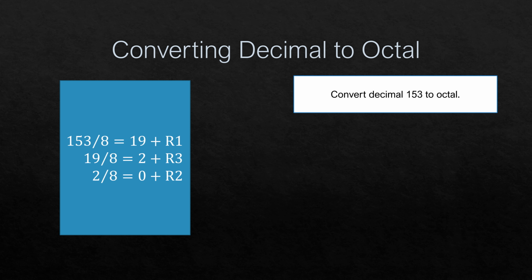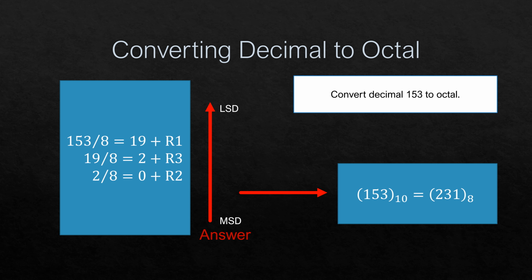Our quotient 19 is then divided by 8, which gives us a quotient of 2 plus a remainder of 3. 2 is divided by 8, which then gives us a quotient of 0 and a remainder of 2. Again, the remainders are read from last to first, where the last remainder is the most significant digit and the first remainder is the least significant digit. This gives us the resulting octal number of 231. So 153 decimal is converted to 231 octal.